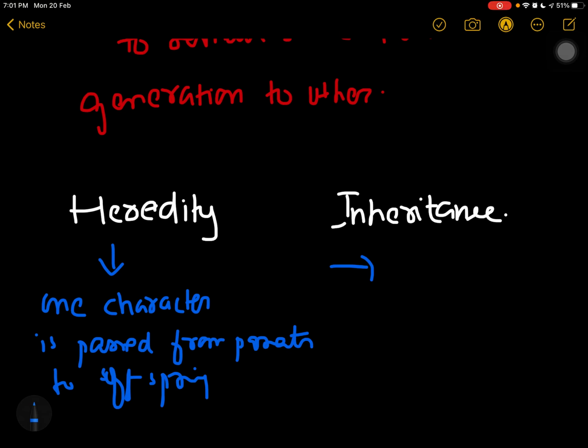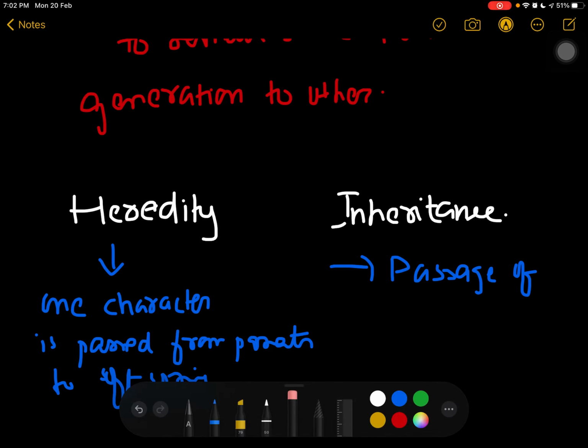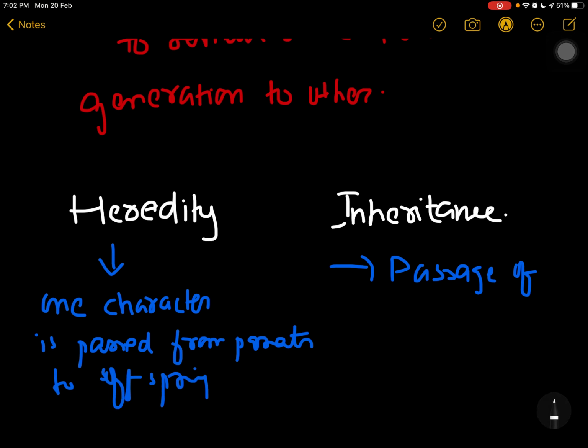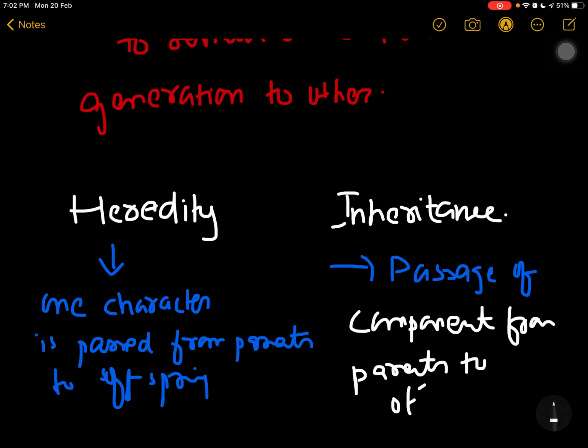So that is inheritance, basically the passage of a whole component from parents to offspring.